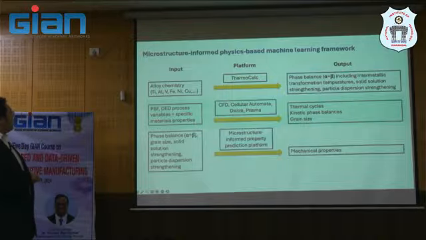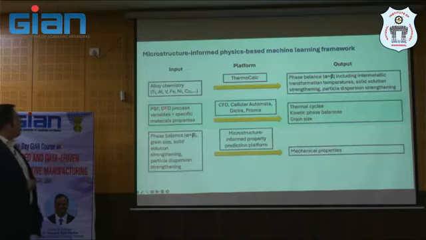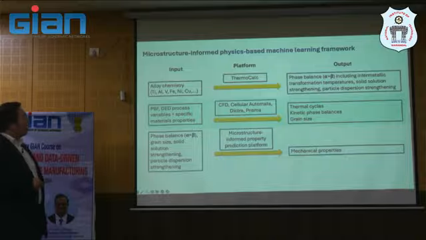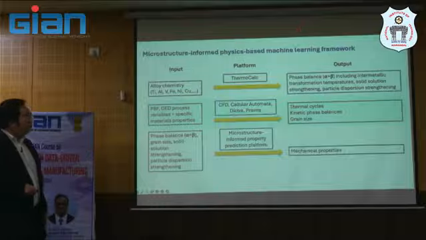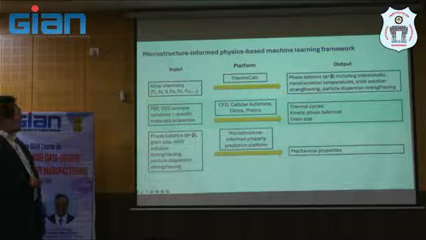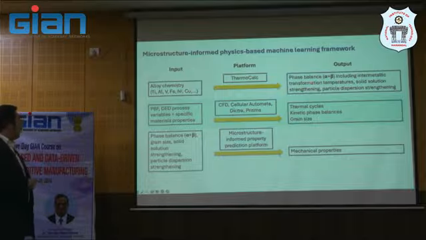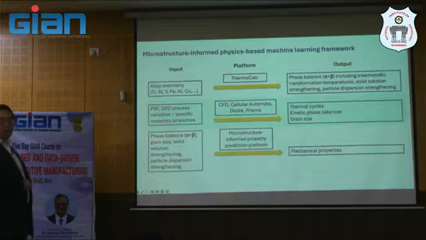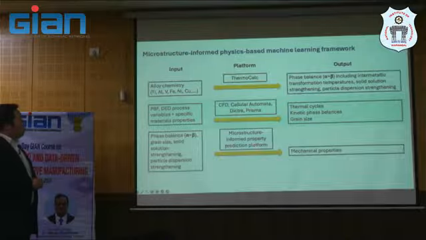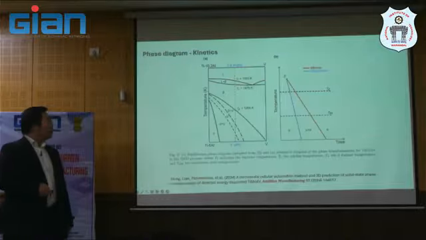And then we input the process variables, whether or not you use PBF or DED, and then try to use a number of platforms, CFD, CA, DICTRA, Prisma, to calculate the thermal cycle kinetics and then microstructure information. And after that, you use this microstructure information, everything you have, as an input to the property prediction platform for mechanical property.